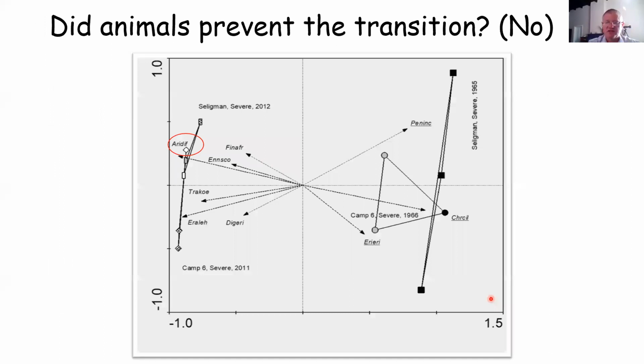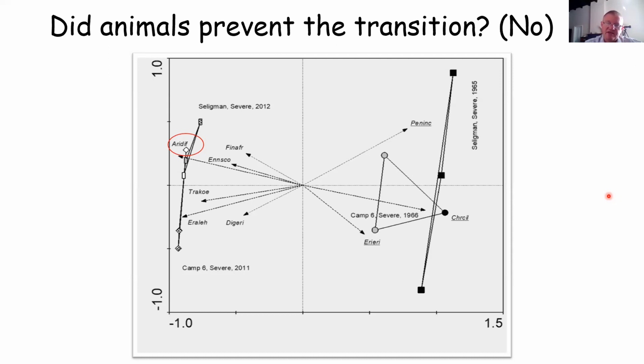I'll show this picture again when I talk about animals, but I just want to point out that under severe grazing conditions, this is an ordination. The right-hand side shows two sets of trials, the Seligman Old Block trials and the Camp 6 trials, and the species composition in the 1960s. We can see that it was dominated by dwarf shrubs, Pentzia and Kana, Chrysocoma ciliata, Eriocephalus ericoides, common Karoo shrubs, certainly not characterized by grasses.